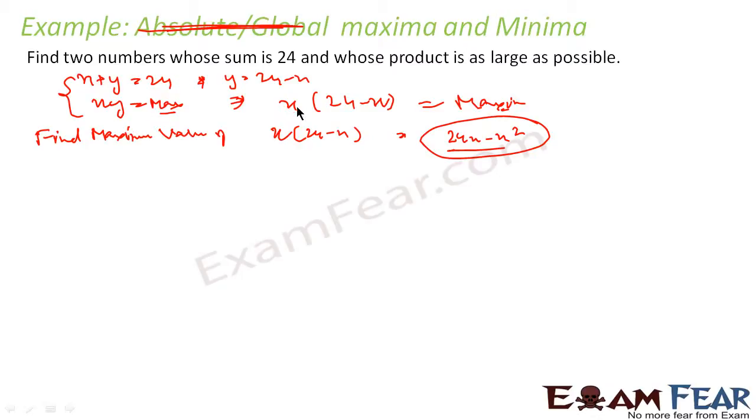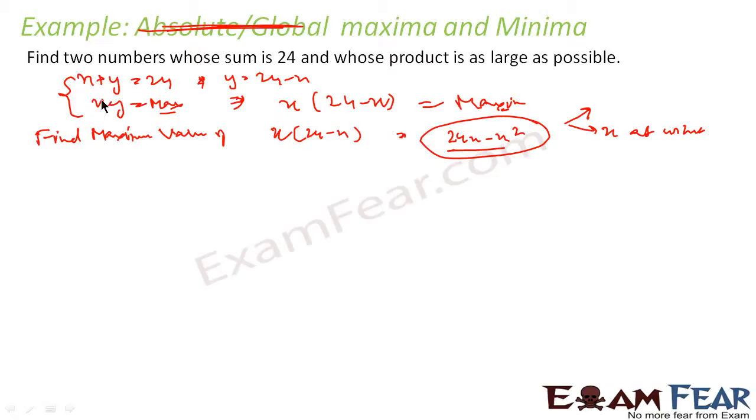X into y is nothing but x into 24 minus x. That means I have to find the maximum value of this function. If I can find the value of x at which it is maximum, I can find the value of y. If I have x and y, that means I have the numbers.